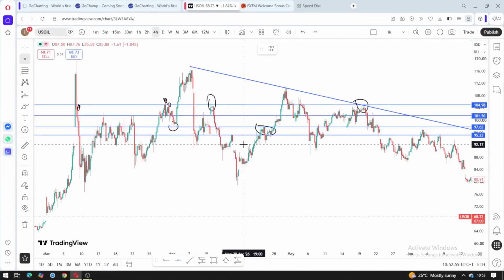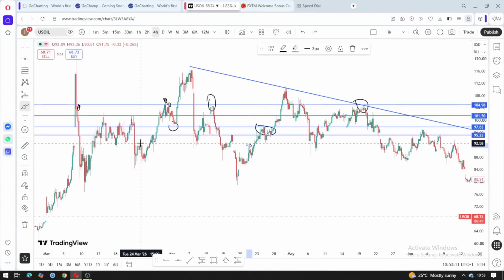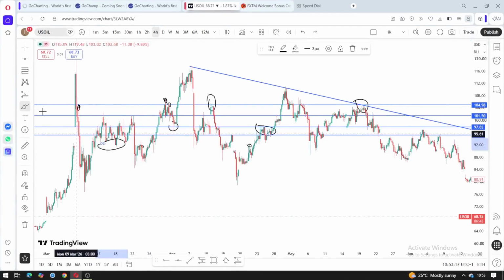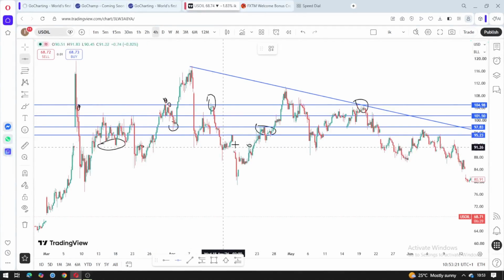Now I'm picking it. Let me mark it first. I want to pick this point right here. It's probably going to coincide with this point and this point. Guys, during studies, this is what you do. That's why I want to take you through exactly something like this.